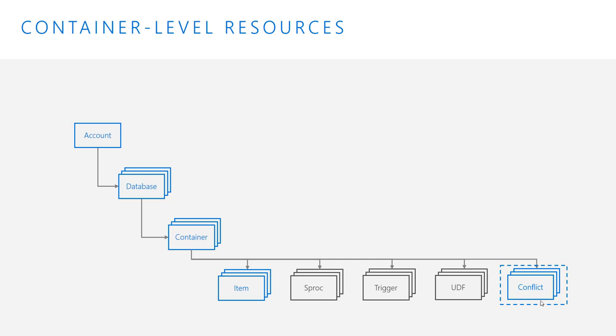Those documents will go in the conflict feed, and there's a separate function where you can say I want to read all the conflicts, and then you can resolve the conflicts depending on whatever your business rule is. It's again very well documented, so just go ahead and check the documentation.